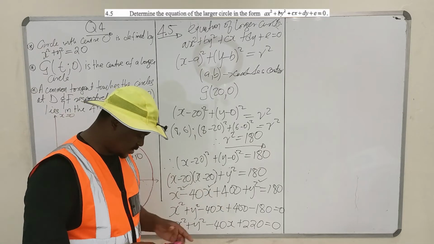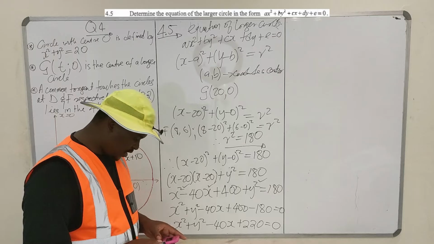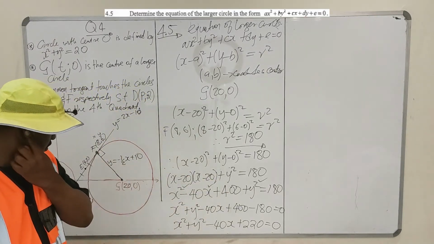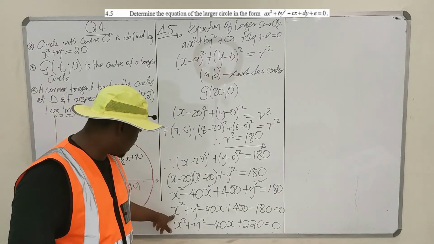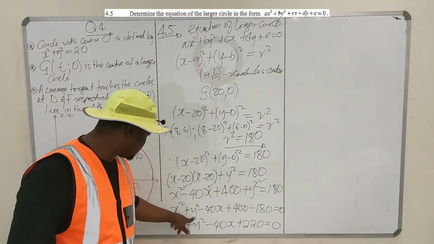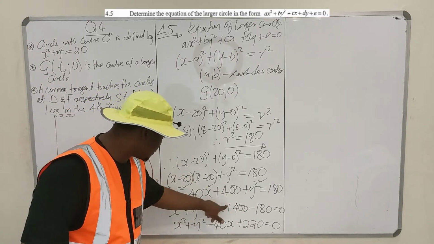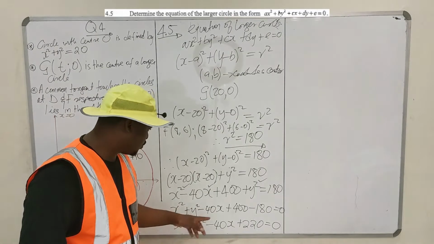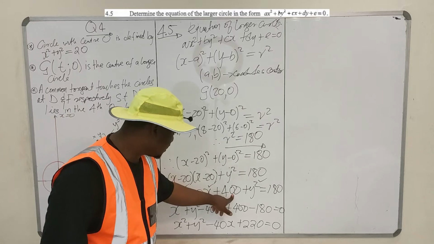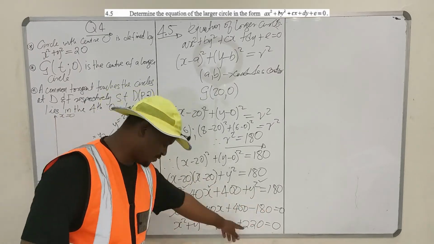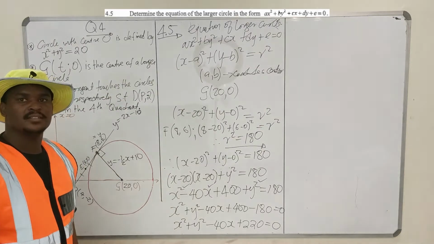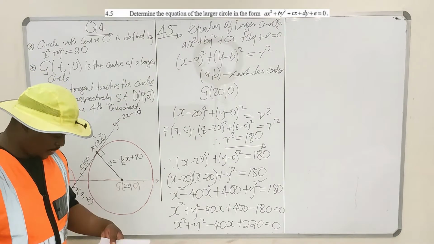Then take the y squared, and the minus 40x. There's nothing with y, just leave it. Then what do you do? 400 minus 180 gives you 220. So this is the equation in that form. Then you're done, so we move on.